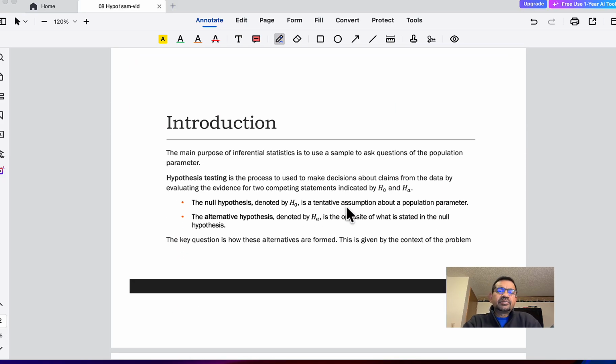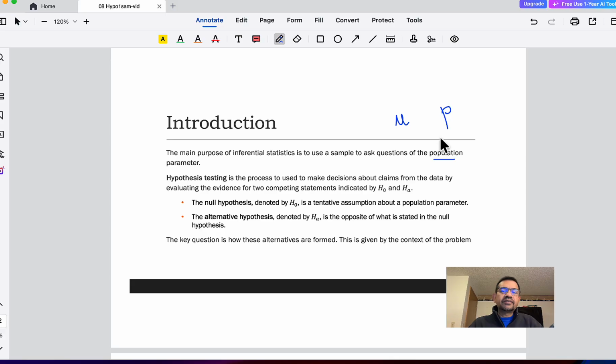Why hypothesis testing? A main feature of inferential statistics that we are covering now is to ask questions of the population parameter. Specifically, we will work with the population mean and the population proportion P. So we will ask what might be the value of these given our sample.